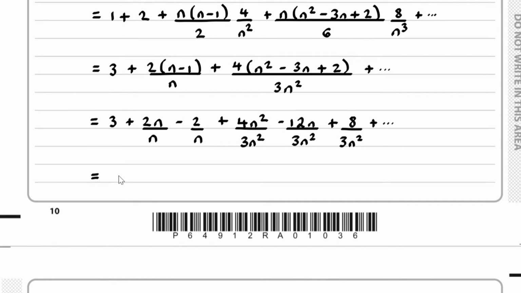So we've got 3 plus 2, subtract 2 over n, and here we have 4 over 3, subtract 4 over n, plus 8 over 3n squared, plus higher order terms.